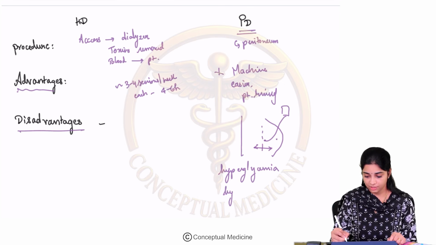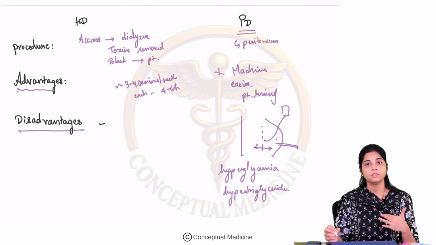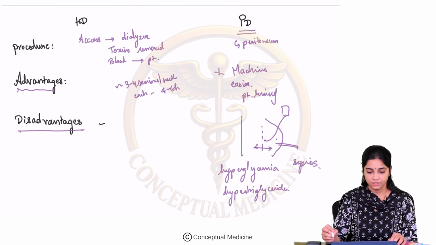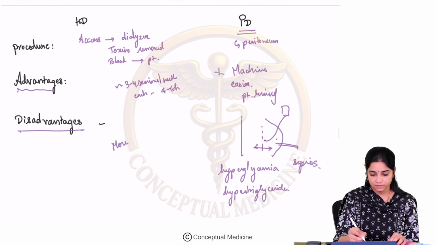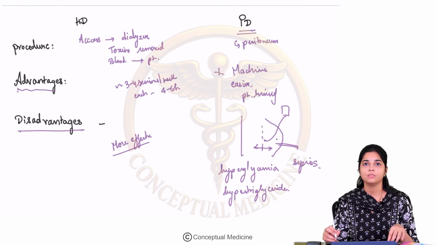Apart from that, there is a chance of hypertriglyceridemia. And we have a peritoneal catheter, right? This is within the body, so there is a chance of sepsis and peritonitis. And hemodialysis is more effective as compared to peritoneal dialysis. So this is your hemodialysis versus your peritoneal dialysis.